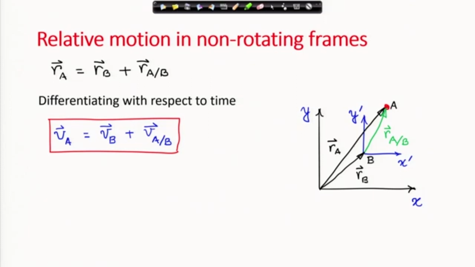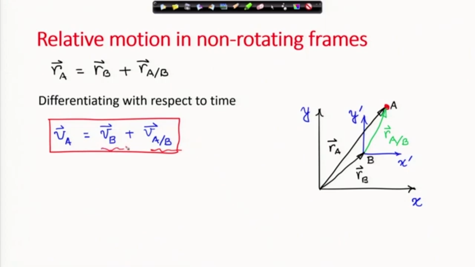Sitting at point B, that means sitting in frame x prime y prime, whatever velocity you see of particle A is this velocity V_A/B, the velocity of particle A relative to B.